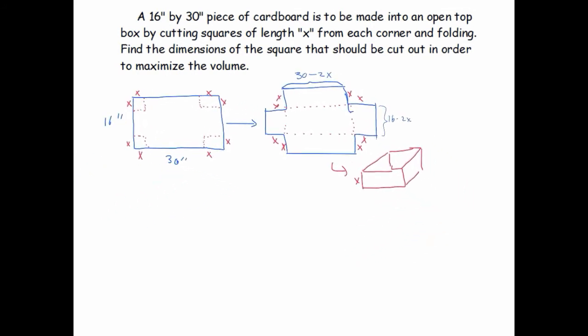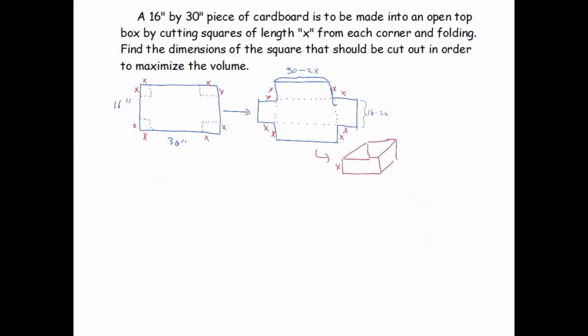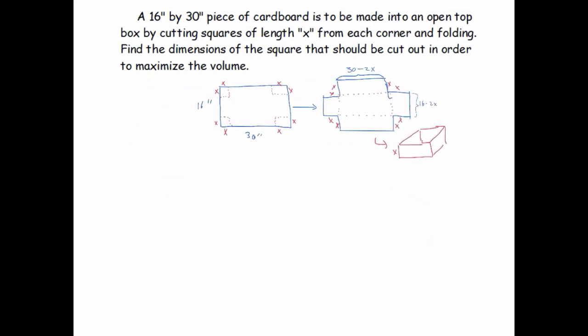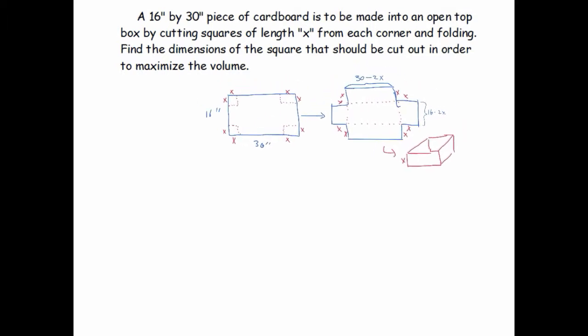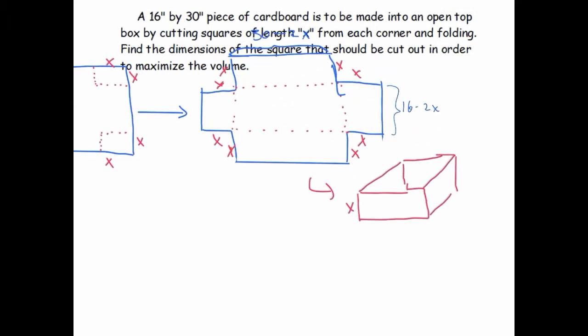And so now we can see that the actual volume of this box is going to be length times width times height. So maybe this side here would be the 16 minus 2x, and maybe this side here would be the 30 minus 2x, and that would produce your volume.